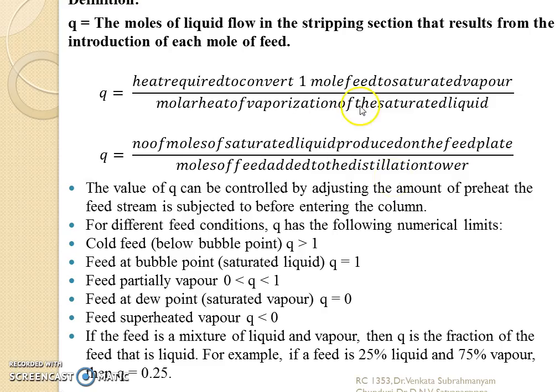We define Q as the heat required to convert 1 mole of feed to a saturated vapor divided by the molar heat of vaporization of the saturated liquid. Depending upon the feed condition, Q may have different values: greater than 1, less than 1, equal to 1, equal to 0, or between 0 and 1.